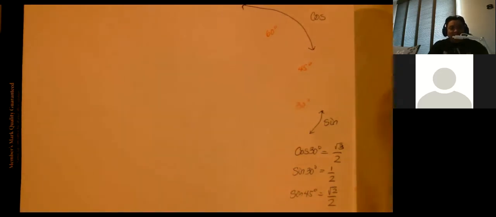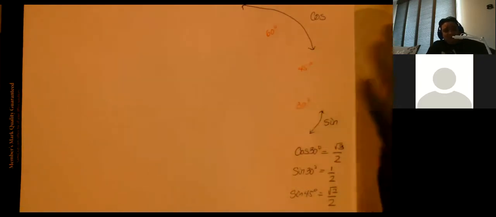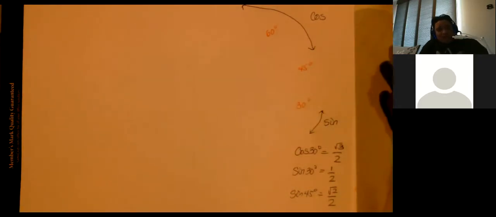So the answer is 1/2. Okay. And so that is how you work things out using your fingers to do sine and cosine for your 30, 45, and your 60. Okay. Questions on that? Questions on it?